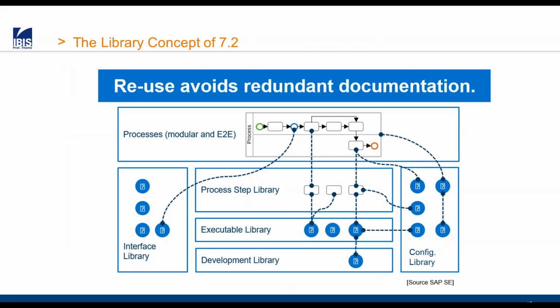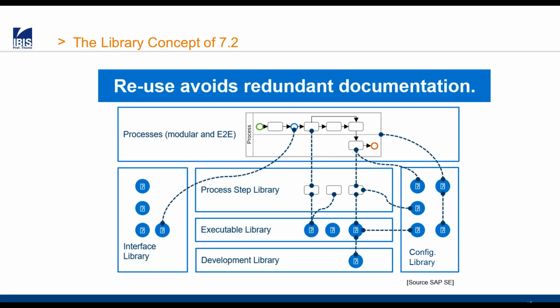Talking about the library concept, which is a very fundamental part of the 7.2 architecture, it means all technical objects are stored in special libraries, which are just there as references, like process steps, executables, interfaces, configurations, whatever. When you're building up your processes in the solution documentation, you're just referring to the single elements out of those libraries.